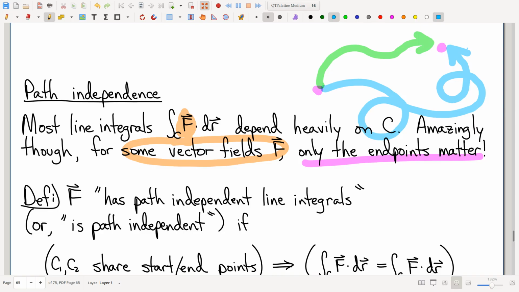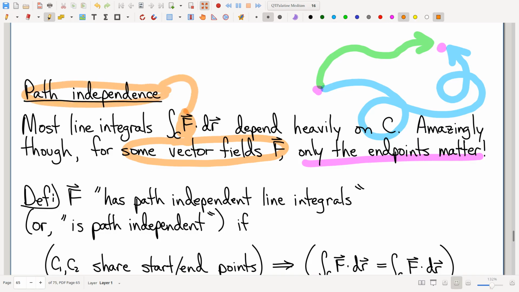There are certain vector fields where I get the same answer on either curve. They're totally different curves. Surely the curve should matter, shouldn't it? Right? We just got through agreeing. The line integral should depend heavily on the curve. So this is a shocking feature, right? And vector fields that have this property, and keep in mind this is a property of the vector field.